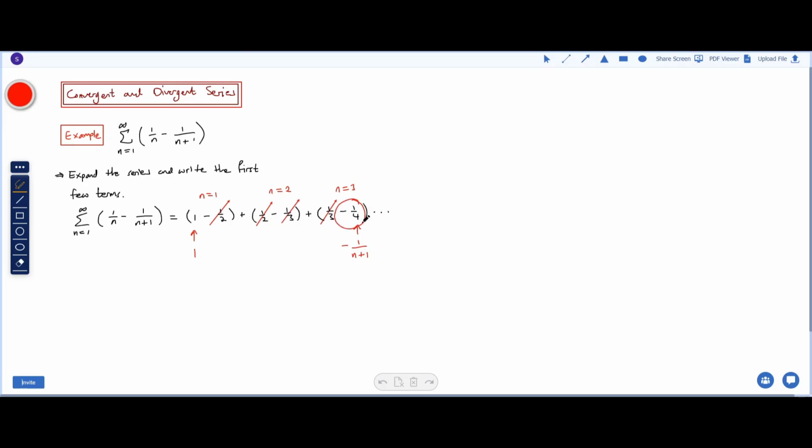In our case, that last value happens to be minus 1 over 4. But if you look at the denominator, the 4 is just n plus 1, so n equals 3 plus 1. So the expression that identifies the nth partial sum is 1 minus 1 over n plus 1, whatever the n value happens to be.